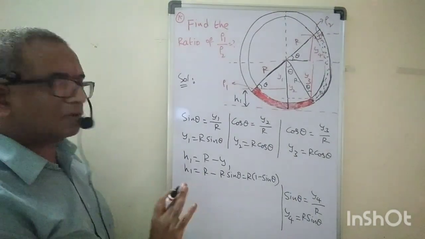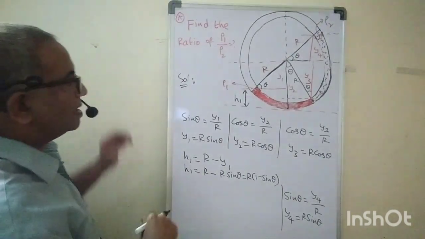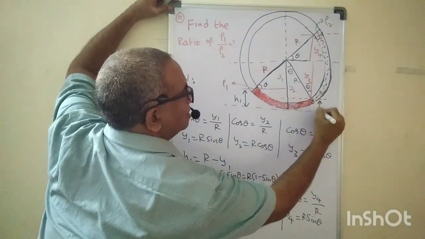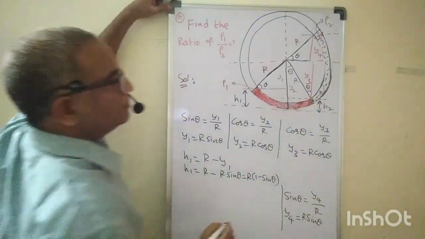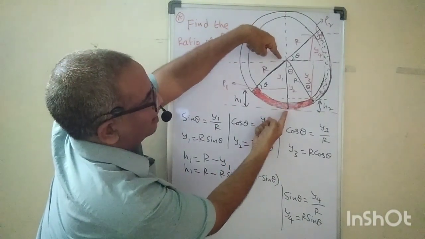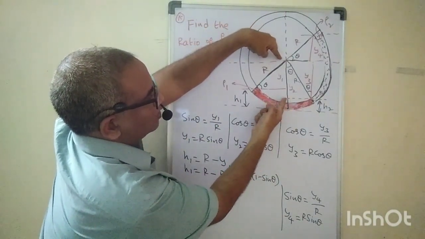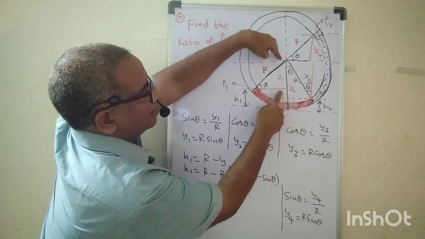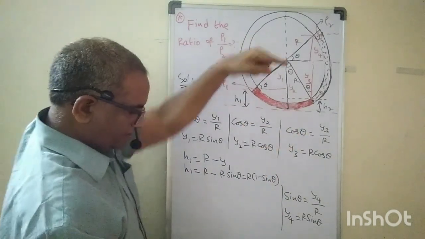Okay, are you following, sir, what I am saying here? Then similarly, I call this height as h2. Now observe here carefully. This is r, and this one is y2, and this one is h2. Y2 plus h2 is what? R. Then therefore what is h2 here?